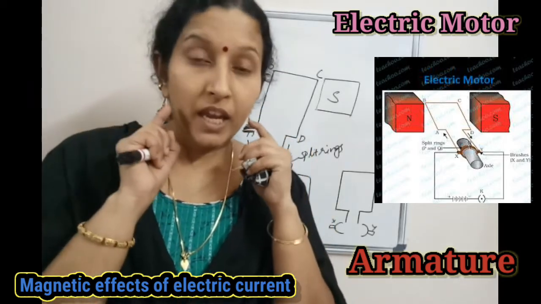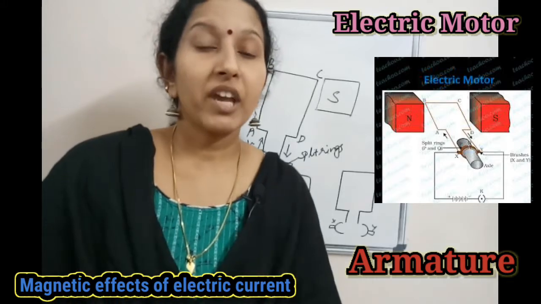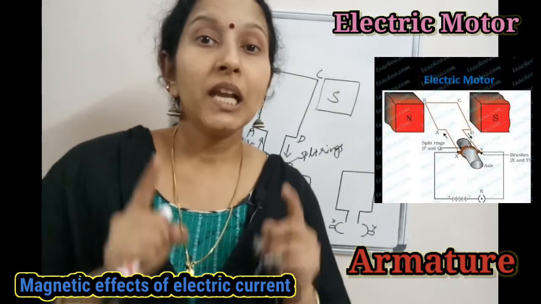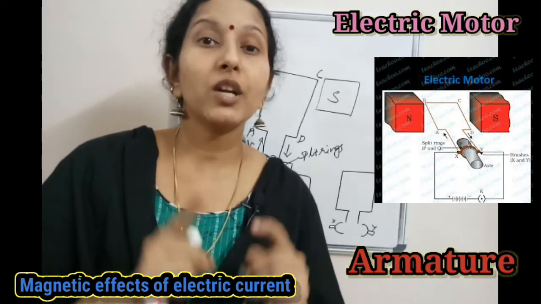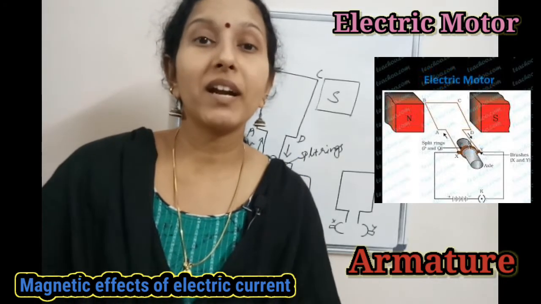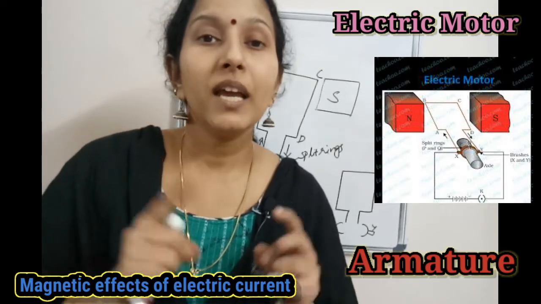So an electric motor consists of a rectangular coil ABCD of insulated copper wire, or a motor contains armature coil ABCD.